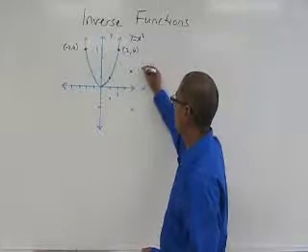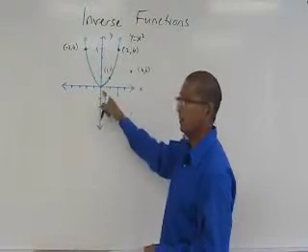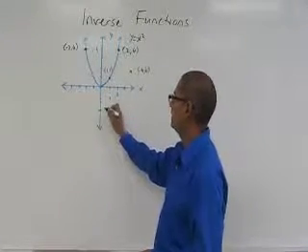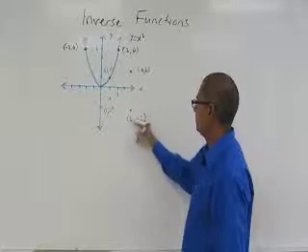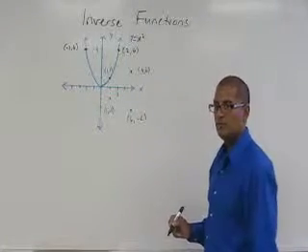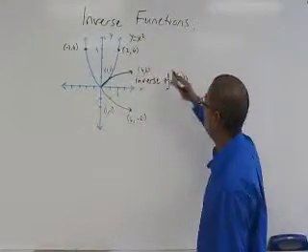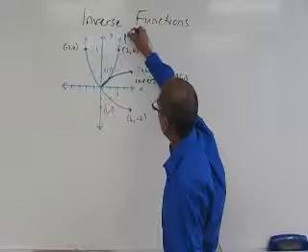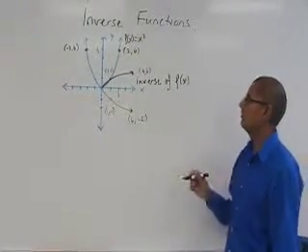These points would be 4, 2, 1, 1, 0, 0, 1, negative 1, and 4, negative 2. And so I join up these dots, and here's my inverse, the inverse of f of x.